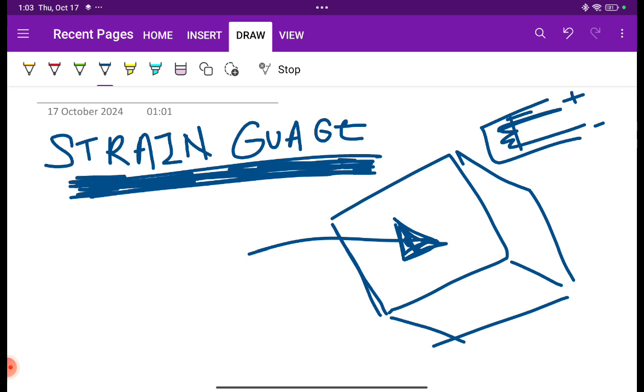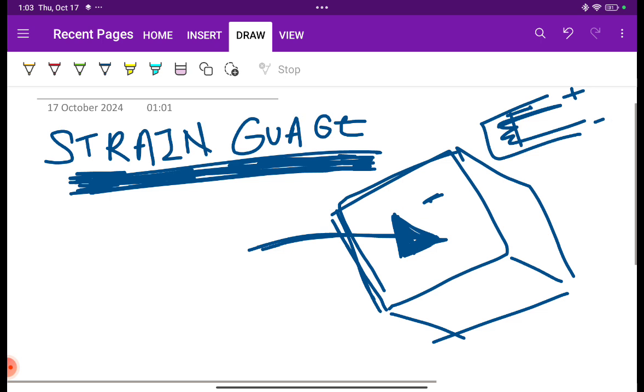So it helps us to find the longitudinal strain in one particular direction on the surface of the body subjected to external load. This is the external load applied on this surface. By applying this strain gauge on the surface, it helps us to find the longitudinal strain.